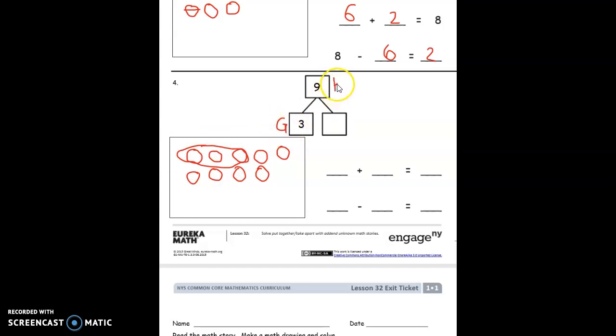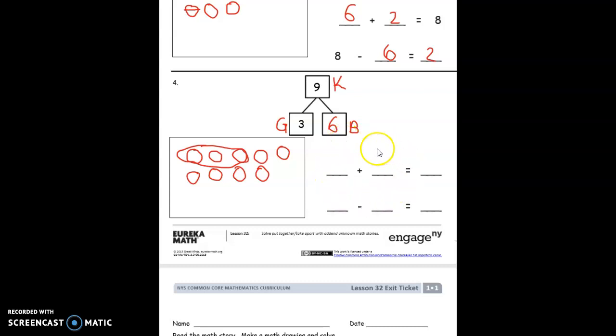And we have 9 kids. How many of them were boys? Let's count. 1, 2, 3, 4, 5, 6. We didn't circle 6 of them because that's how many boys we have in our class.